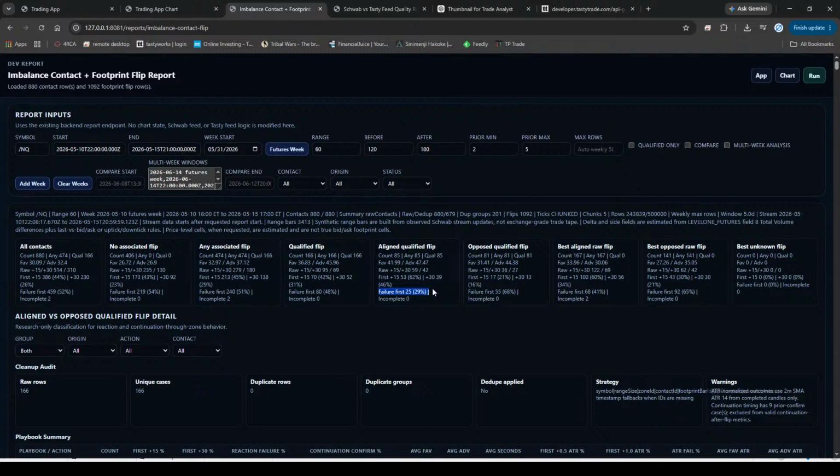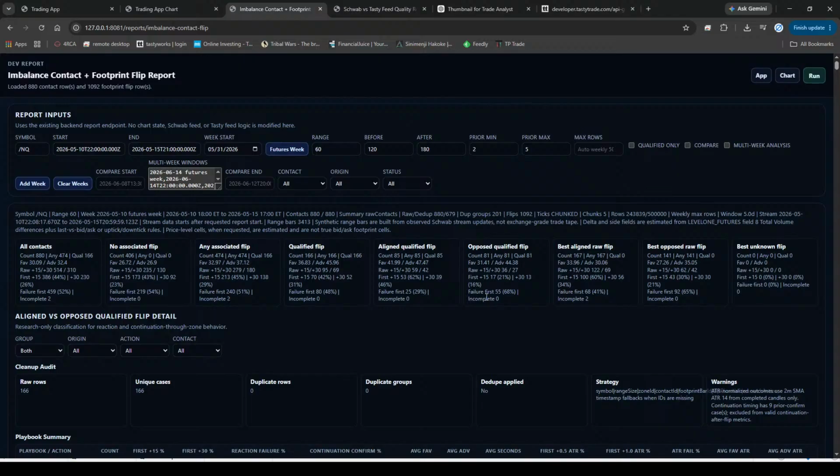Once I'm happy with everything, I'm going to start rewording everything correctly. But for now, this is what I want out of it, that I'm getting good information. And since we are failing 29% of the time, this is the opposite of this. And this would be what we'd call continuation. So I moved into that zone, but I continued moving through it.